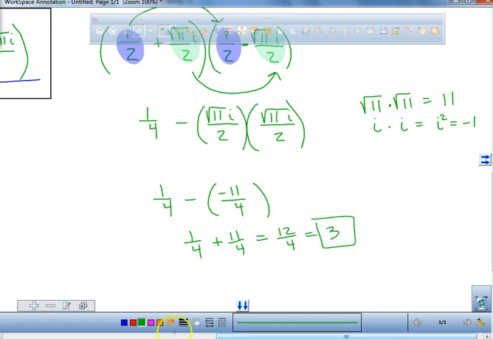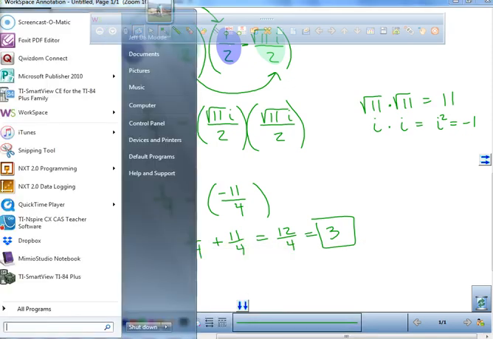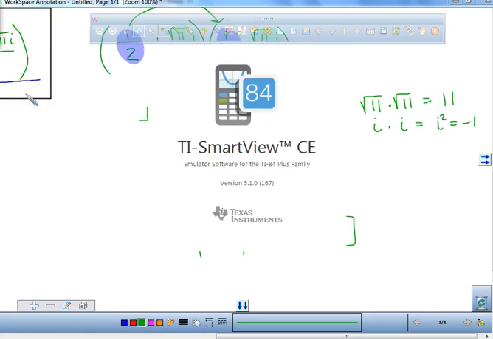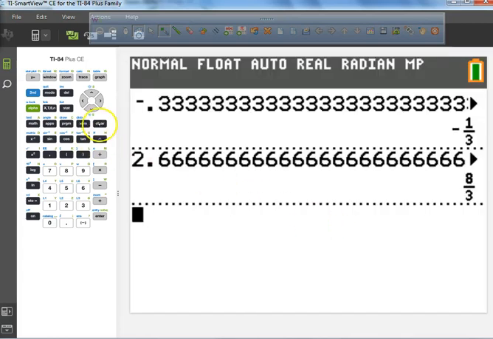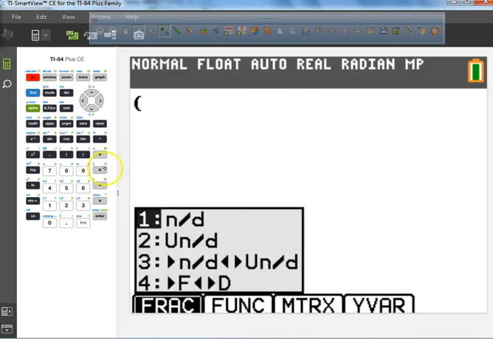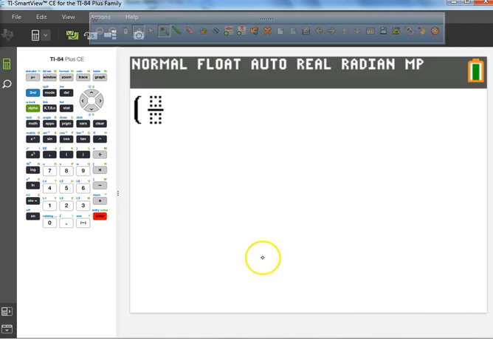Now, what did I say we could do in the calculator? I said in the calculator, what you guys can do: open up the parentheses, hit alpha, y equals, enter. Okay?